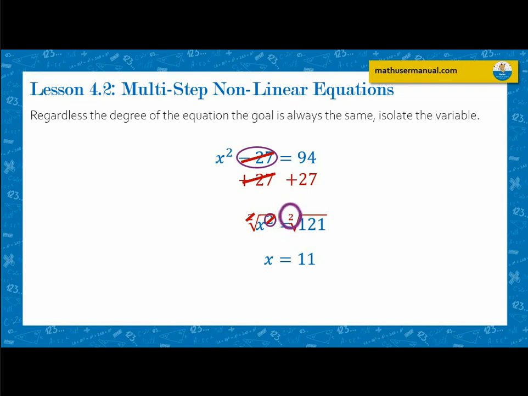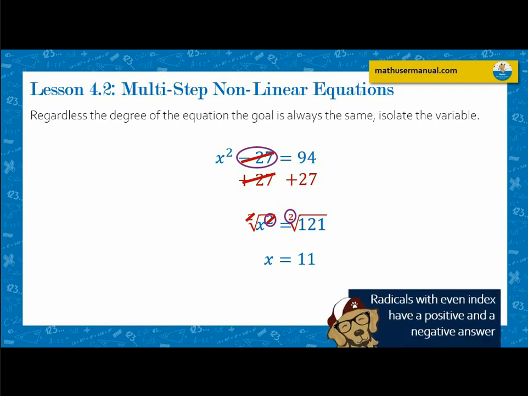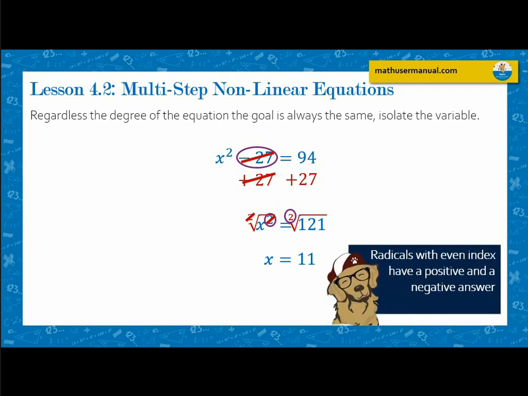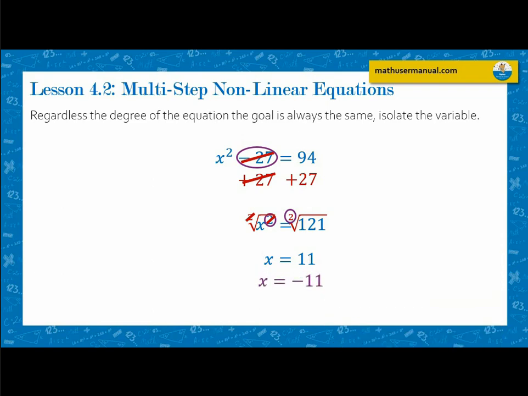Always pay attention to the index of the radical. This is an even number, and for even numbers, we must consider both the positive and the negative solution. So the two possible solutions to this problem are x equals 11 and x equals negative 11.